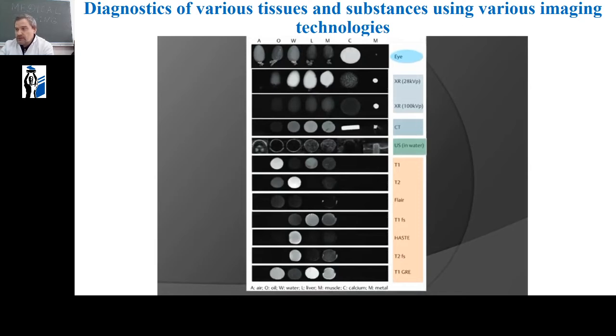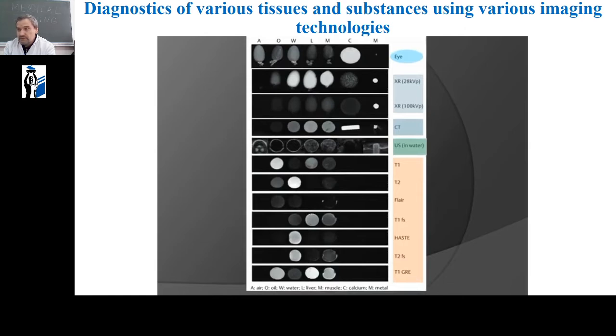Soft tissue structures begin to open up on computed tomography. Ultrasound also reveals soft tissue structures. The technique of magnetic resonance imaging (MRI) allows you to reveal the pathology of soft tissues even more subtly. And now let's look at the big picture.